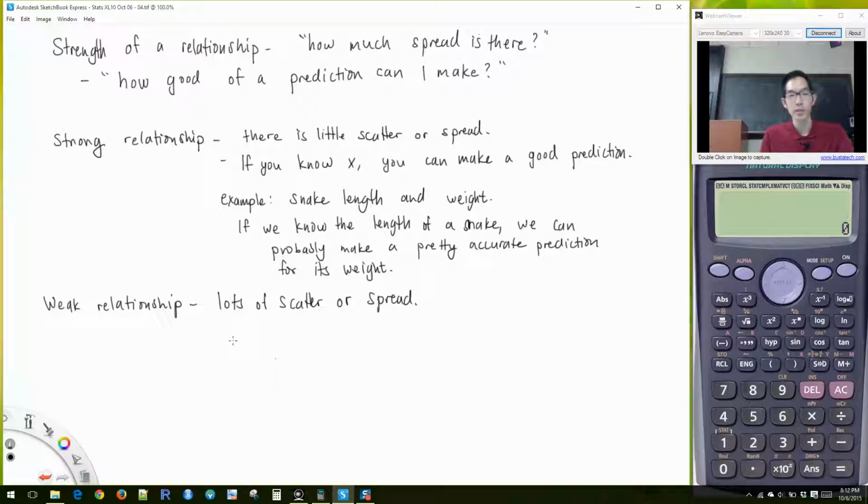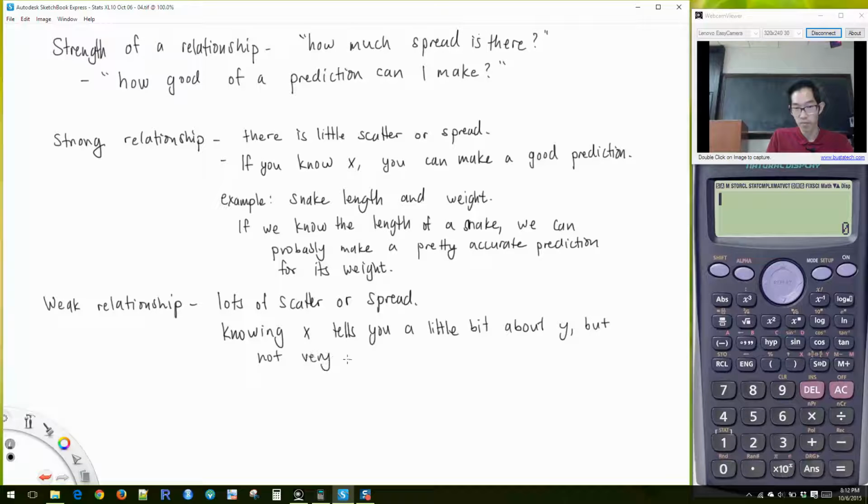Knowing X tells you a little bit about Y, but not very much, or our predictions will not be very good.